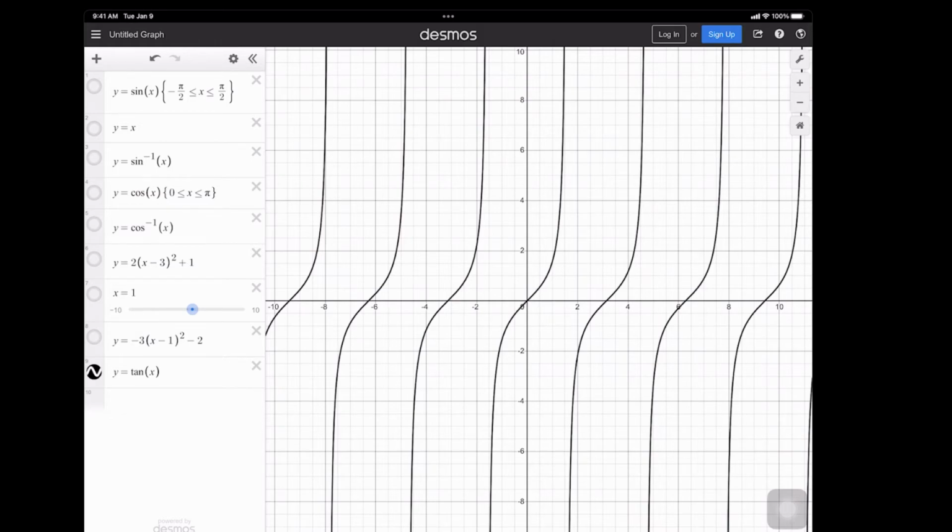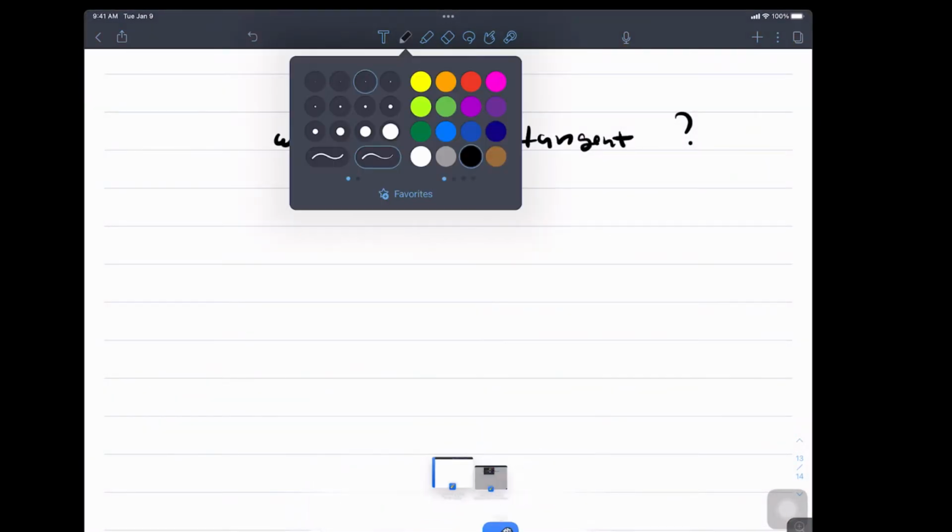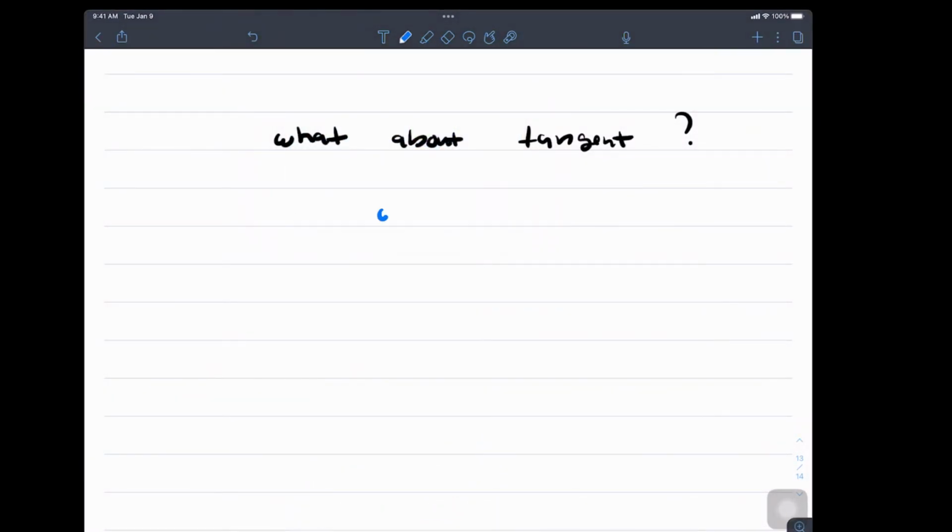So then you might say, well, what does this even really mean? We're going to have to restrict our domain. Remember when you guys drew one cycle of tangent? Something simple like this. You say, oh, y is tangent x. What was that domain? Do you guys remember? Yeah, negative pi over 2, and that's strictly less than.